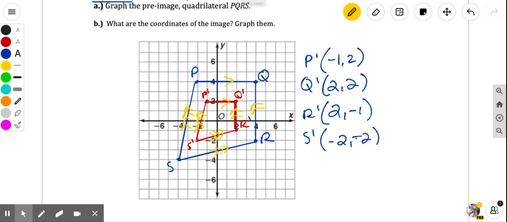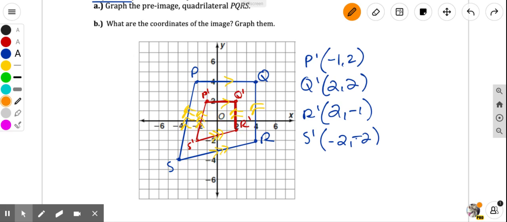Something else you can do to check your answer is if you grab a ruler and line up Q and Q prime and connect them, they should always line up to the origin. S and S prime, see how they line up exactly with the origin. P and P prime line up with the origin. R and R prime line up with the origin. So that's another way.